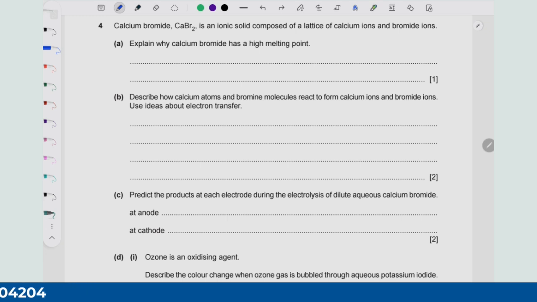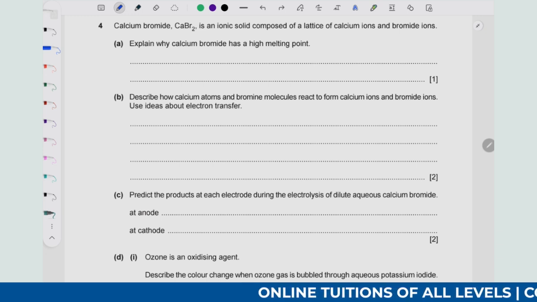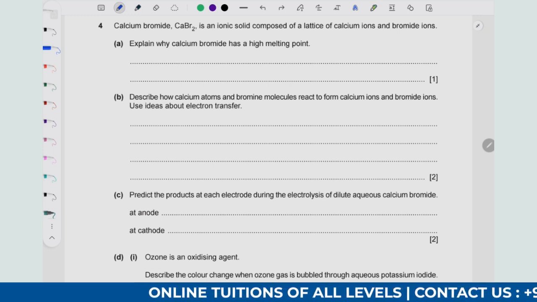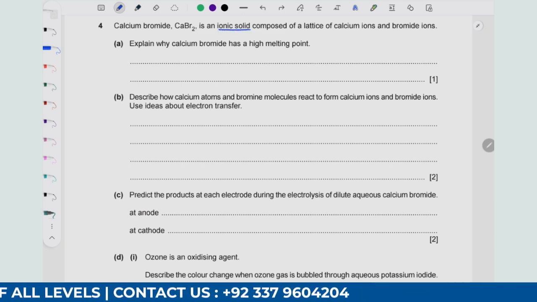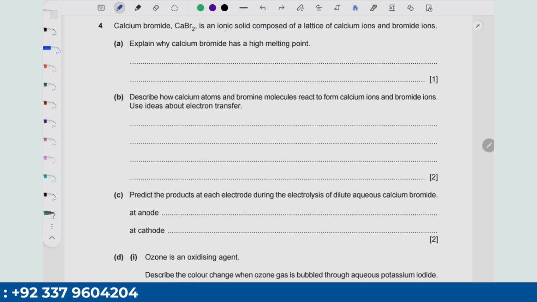The next question states that calcium bromide, CaBr2, is an ionic solid composed of a lattice of calcium ions and bromide ions. Explain why calcium bromide has a high melting point. As they have stated that it is an ionic solid, ionic solids have strong forces of attraction.